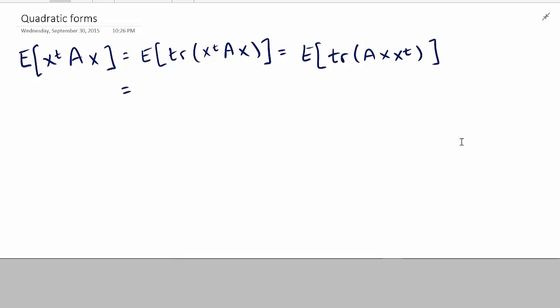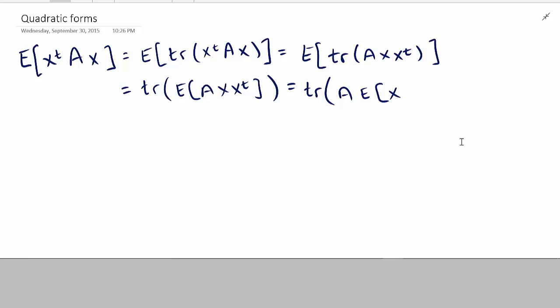And then because the trace is a linear operator and the expected value is a linear operator, we can pull the trace out of the expected value. So that's the trace of the expected value of A x x transpose. Now, because A isn't random, we can pull it out of our expected value. So this is the trace of A times the expected value of x x transpose now.